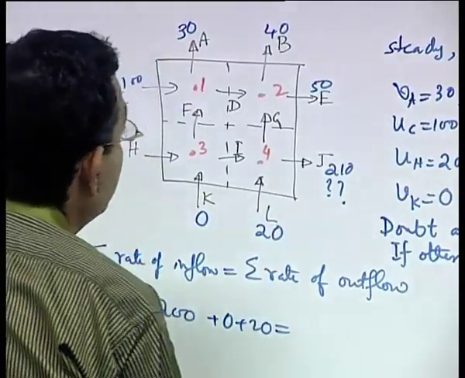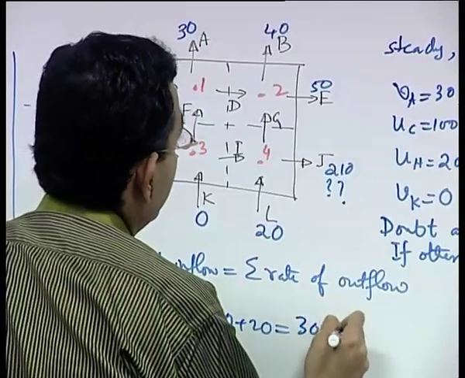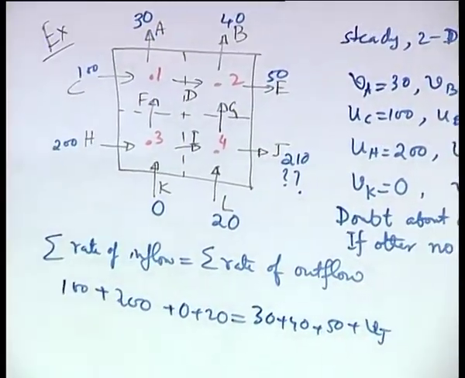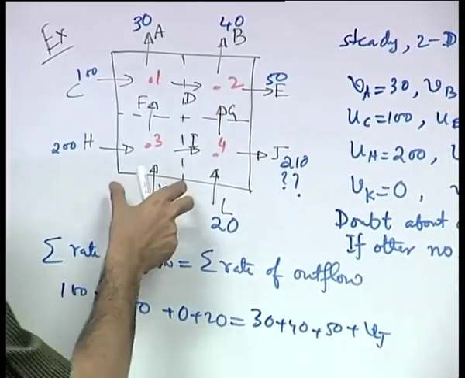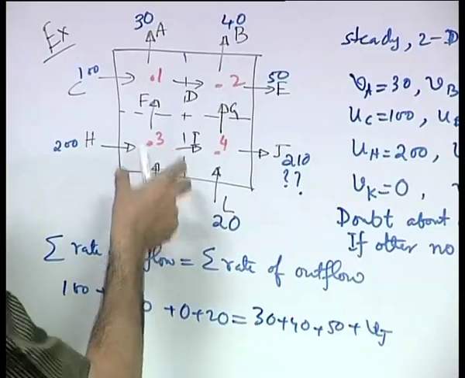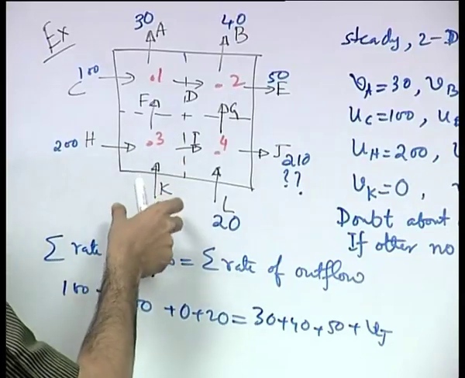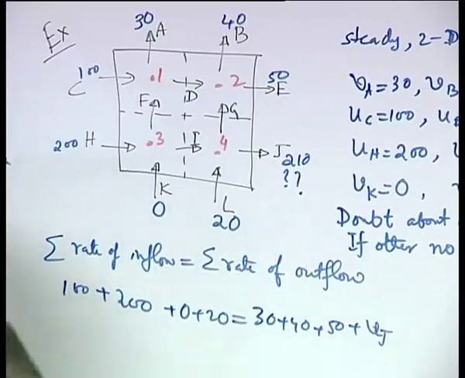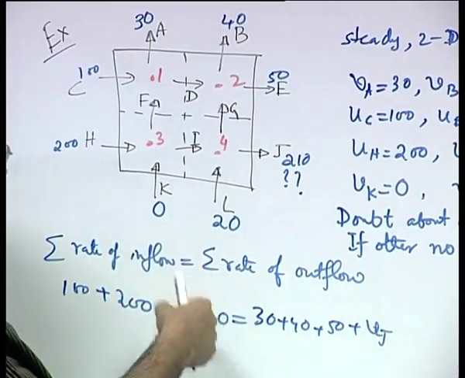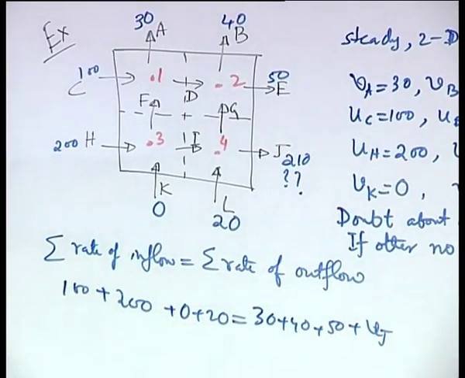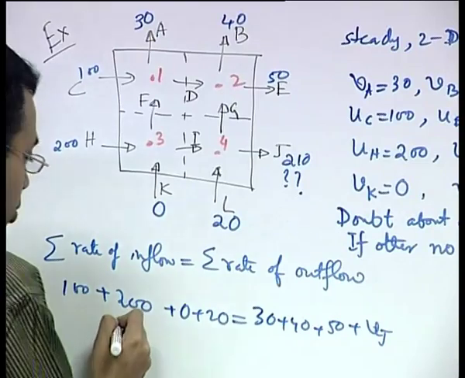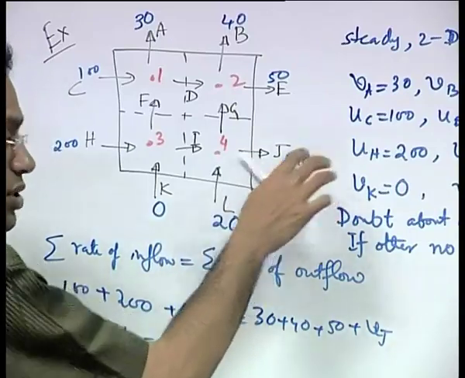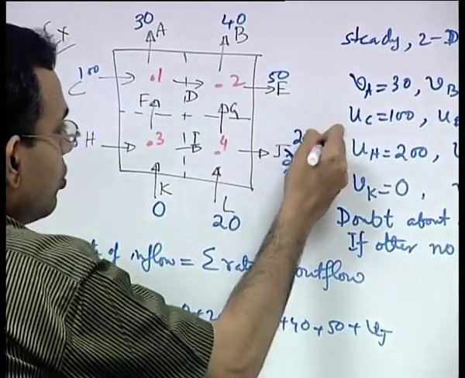Rate of outflow: 30 plus 40 plus 50 plus Uj. Remember that the corresponding areas of the faces, assuming delta x equal to delta y, get cancelled out. So, from here you can find out Uj, 200. So, this 210 is not correct, it should be replaced by 200.